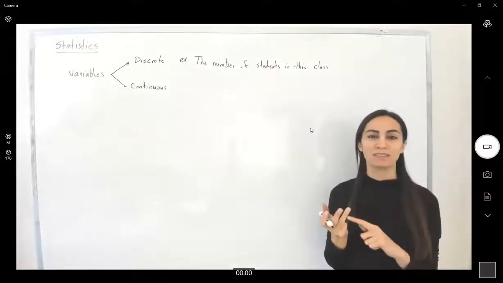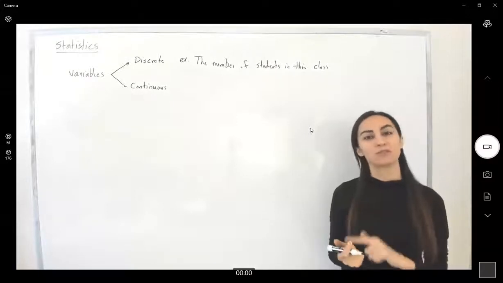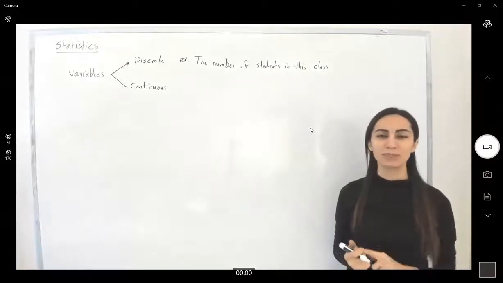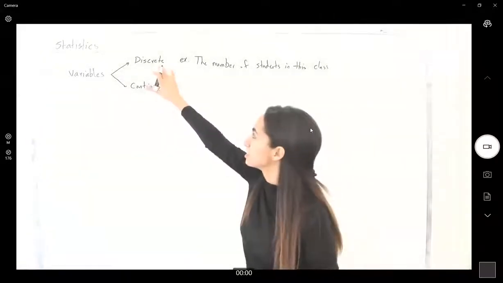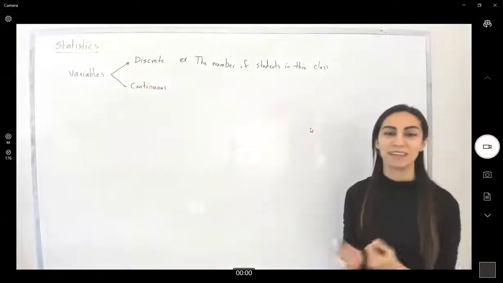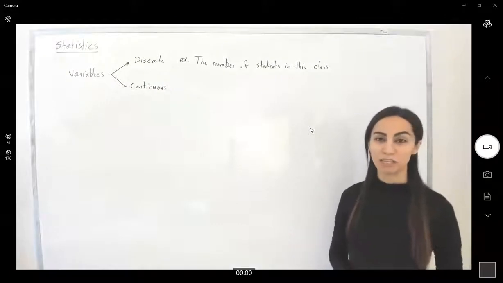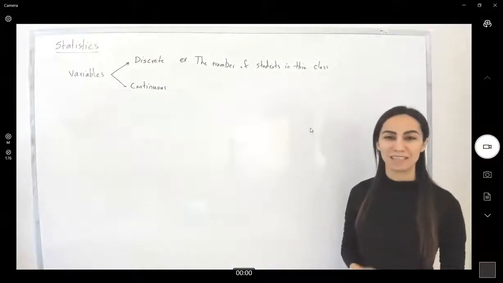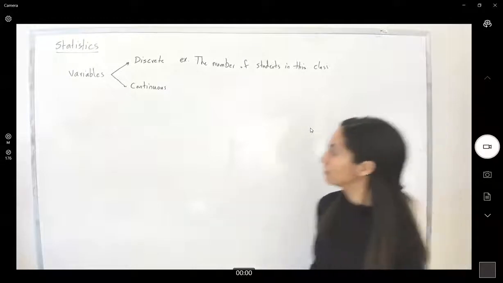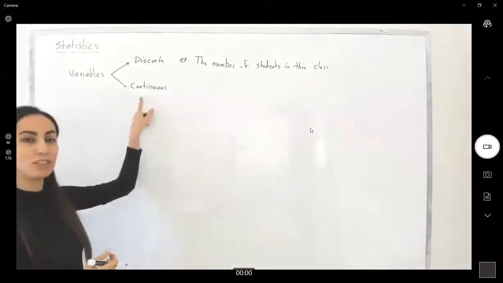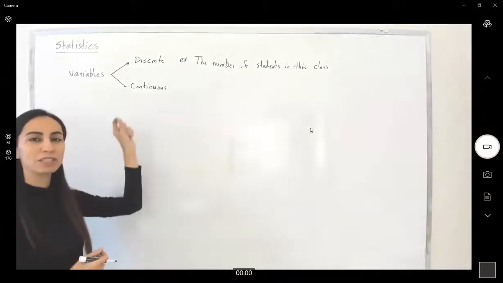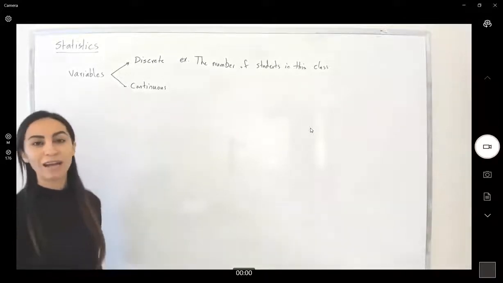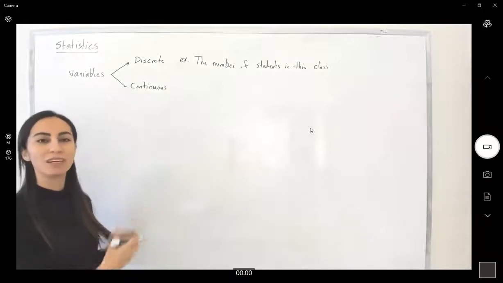One student, no student, two students, three students, and so on. Discrete, or countable, and we have another type of variable that we call continuous variable. Continuous variables can take on values in between two values, and they can form an interval.